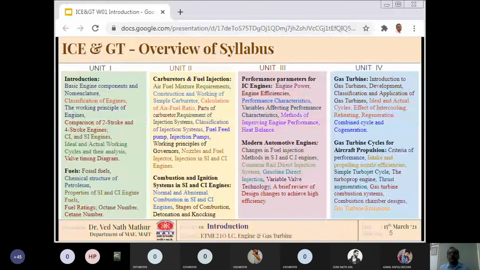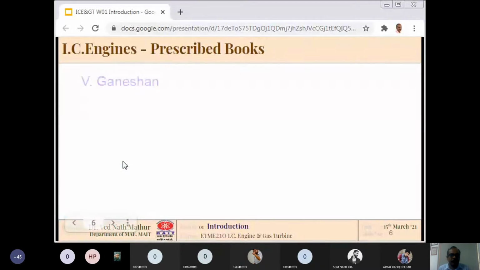Mechanical and automation engineering students read it in 6th semester, but for your syllabus it's probably in 7th. All this is based on what you studied in your 3rd semester thermal science. We'll revise those topics which are essential, and then go forward with the present course.